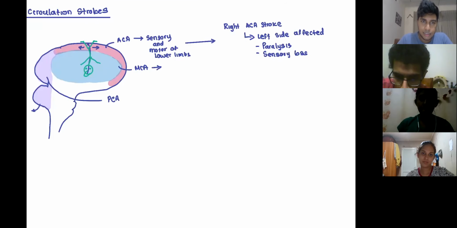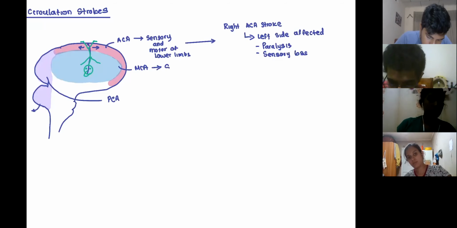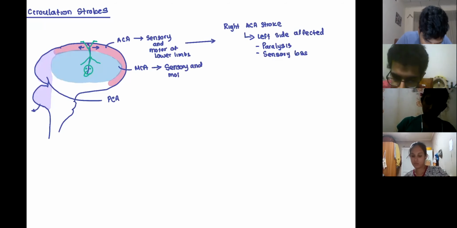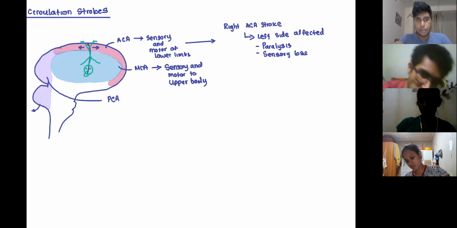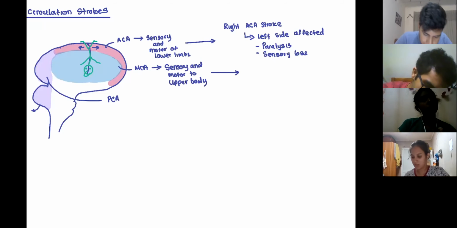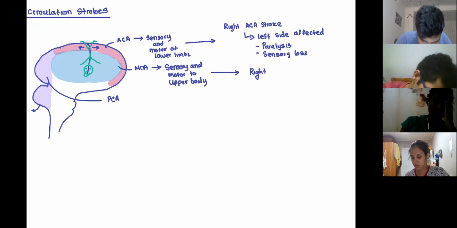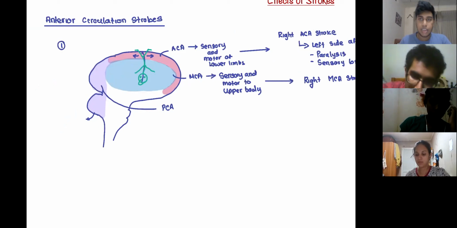MCA, it is going to give sensory and motor to upper limbs, upper body. Let me put it as upper body. So if there is right MCA stroke, here, guys, please label this as diagram 1.